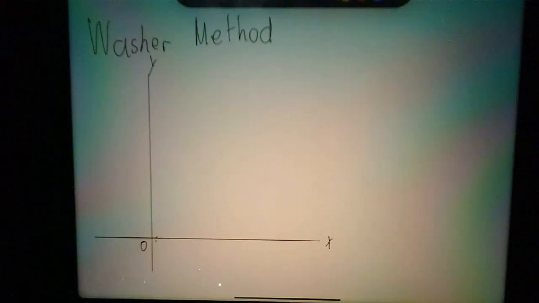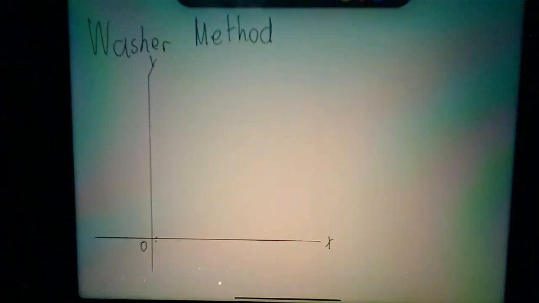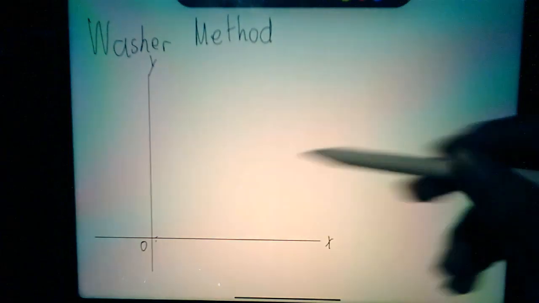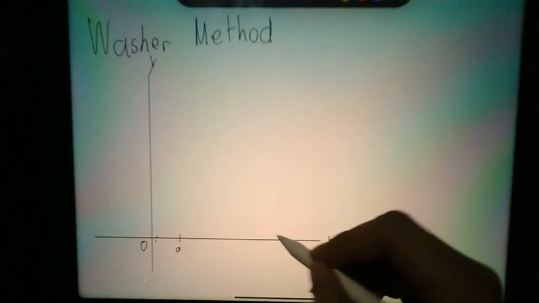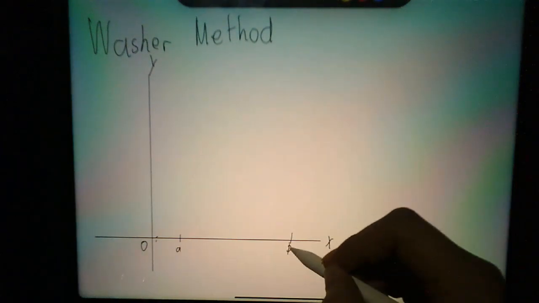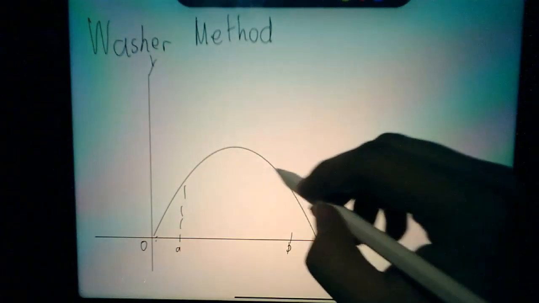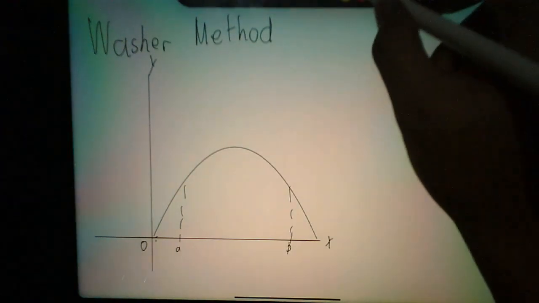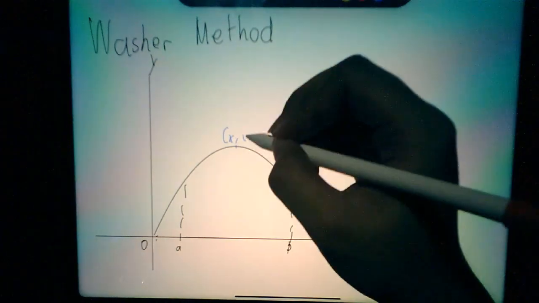So welcome back, and today we are going to discuss the washer method. So for the washer method, first we need to illustrate here. As I already illustrated, now we need to put here the points where the area is bounded. So let's say that here, and this is the area of concern, and we put here x and y.